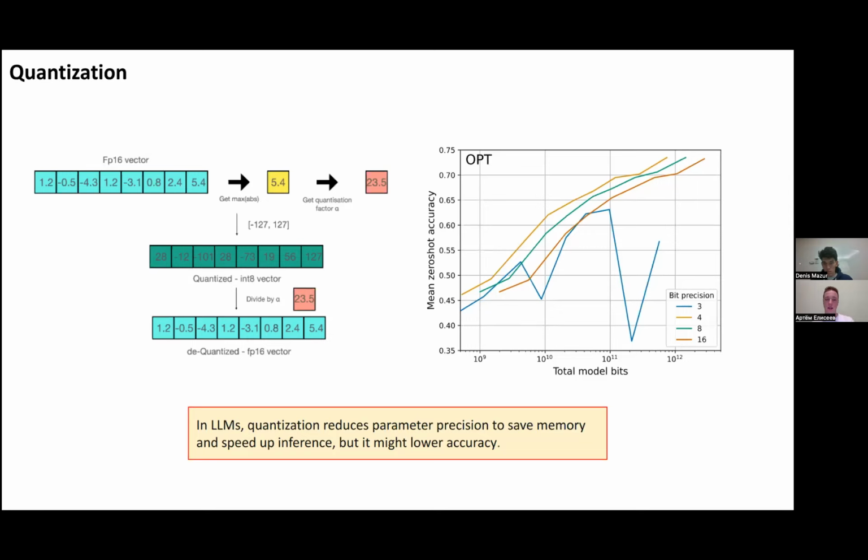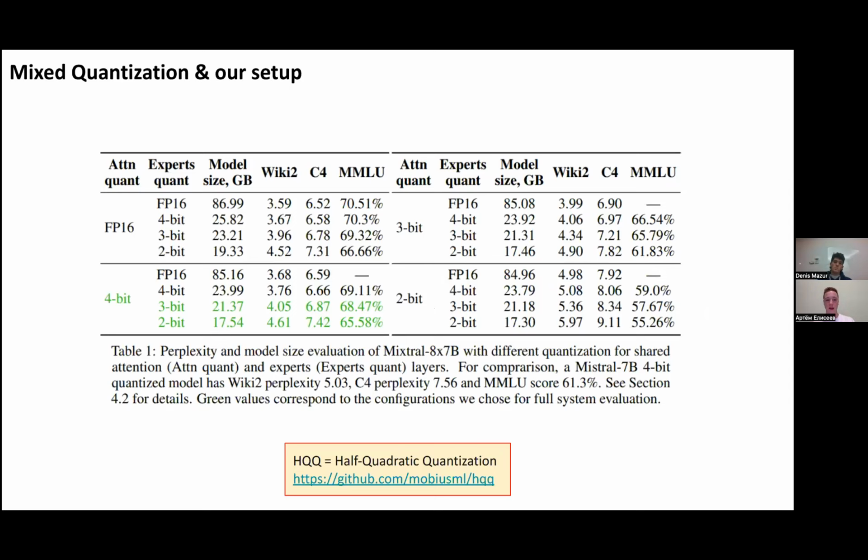But as it comes to 3 bits or even 2 bits, things can get a little bit tricky, and the accuracy is not very stable. So we didn't quantize all the model in 2 bits because it would be very bad. Instead, we experimented with different quantization schemes.